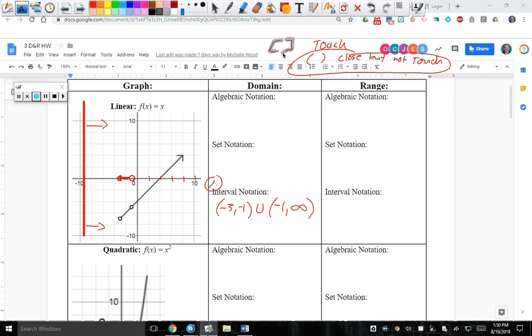So a bracket you can touch. But the parentheses, you'll never be able to reach it. You'll get close, but you won't reach it. Just like these parentheses show, I'm getting close to negative 3, but I won't hit it. And then over here at infinity, I will get close to infinity, but I'll never actually touch it. Does that help? Yes? So every time there's infinity, there will be a parenthesis after it? Perfect. Yes. Anything with infinity will always be parentheses.